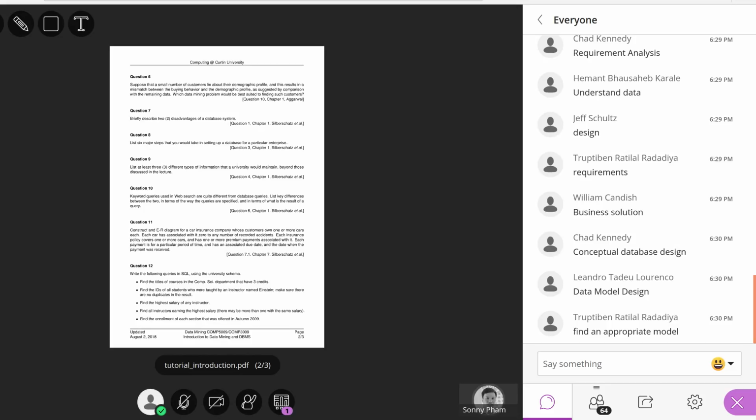Starting with different entities, right? Trying to identify different attributes. For example, lecturer or instructor, you have name, ID. You have to find maybe the primary key, things that uniquely define each entity, right? So the modeling.